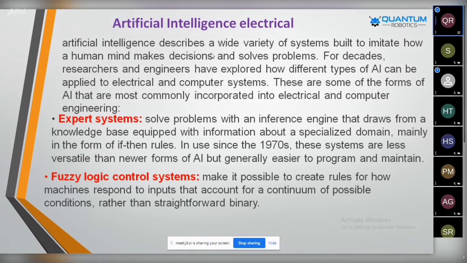And the fuzzy logic control system makes it possible to create rules for how machines respond to input.